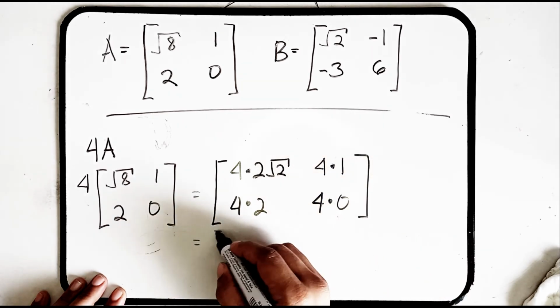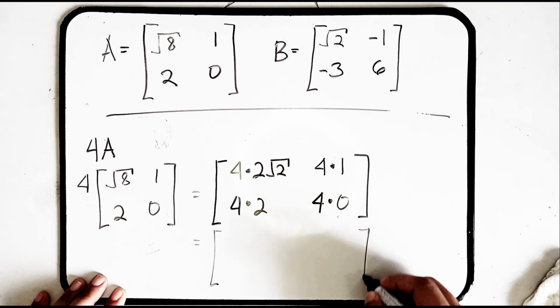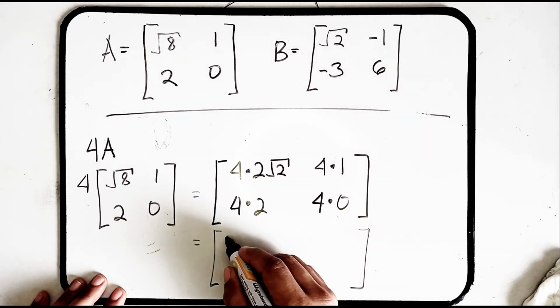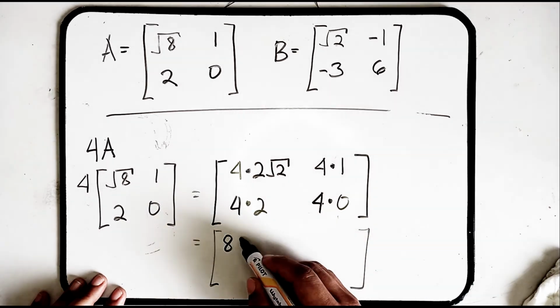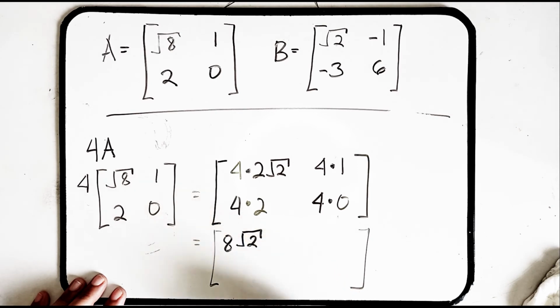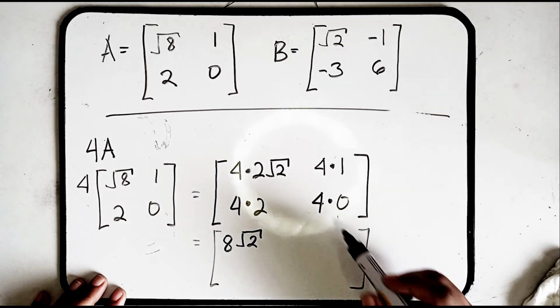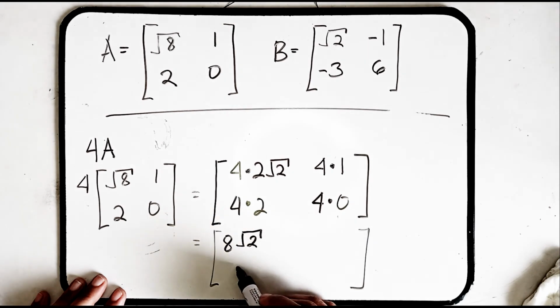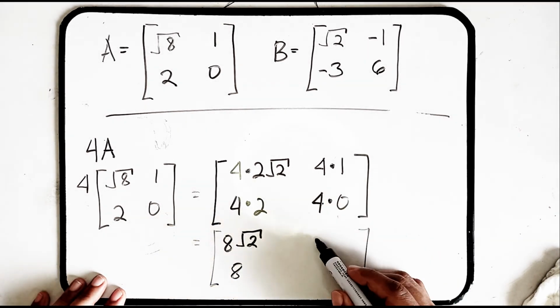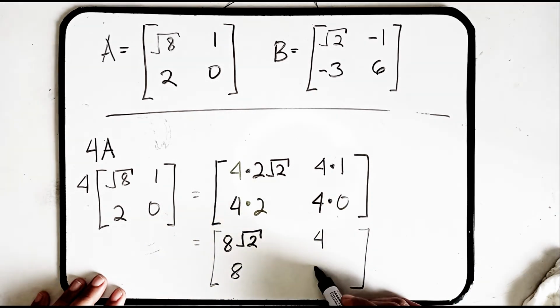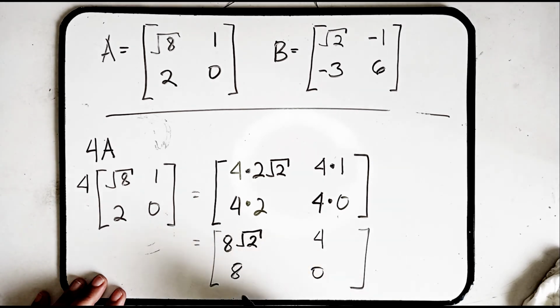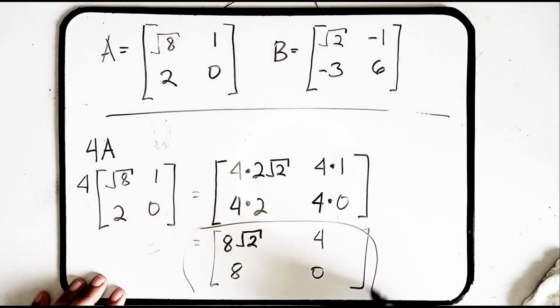Okay, then this becomes 4 times 2, this becomes 8, and then we'll just copy square root of 2, and then 4 times 2, that is 8, and then 4 times 1, that is 4, 4 times 0, that is 0. So this is not the final answer.